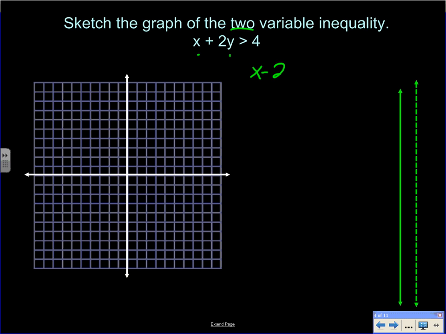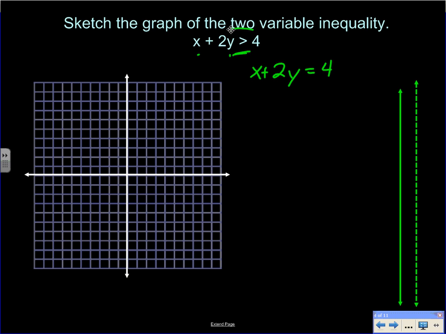When we think about graphing that inequality, first we have to graph the line, x plus 2y is equal to 4. And then in order to graph the inequality, we just think, is it a solid line or a dashed line? And then which side of the line do we shade? Those are the two additional steps to graphing inequalities that you have to add to graphing a line.